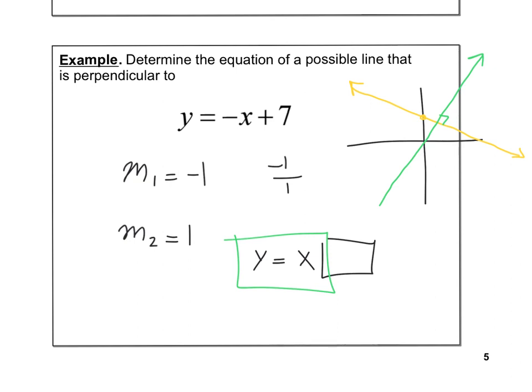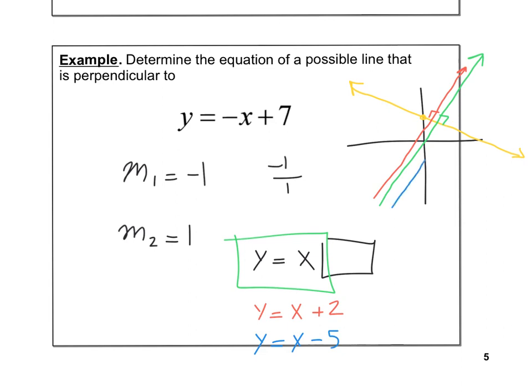If I wanted to, I could create y is equal to x, so the slope is the same, plus 2, in which case I would just draw a parallel line running through 2. It's still perpendicular. Or I could draw y is equal to x minus 5.